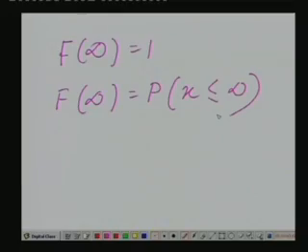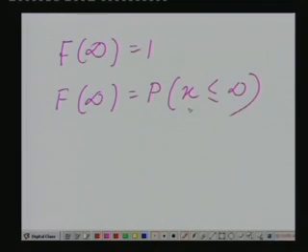Now you see, by the definition of a random variable, no experimental outcome really can take the value infinity, because the corresponding probability is 0. This event includes all experimental outcomes, because all of them take finite values. So this means the total event, for which the probability is 1. So this is equal to 1.